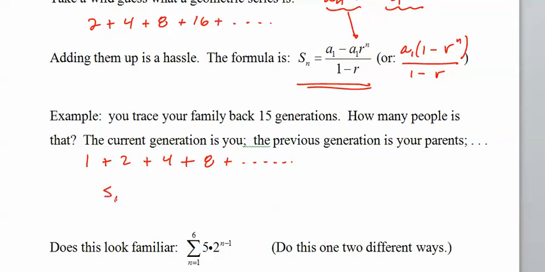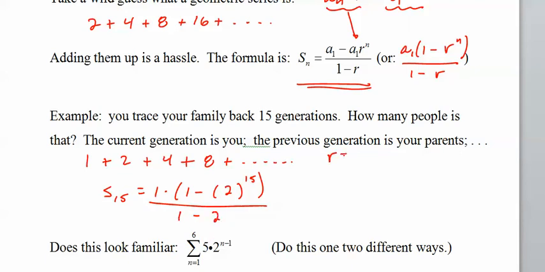So we just say the sum of 15 is, and I'm going to use this formula over here, A1, that's me, 1 minus, always put parentheses here, you'll see why later, 2 to the 15th, all over 1 minus 2.